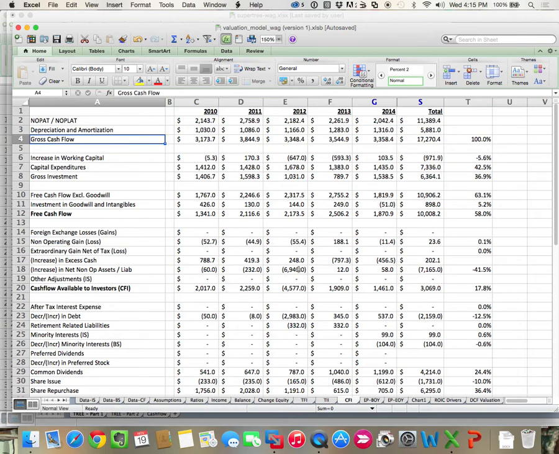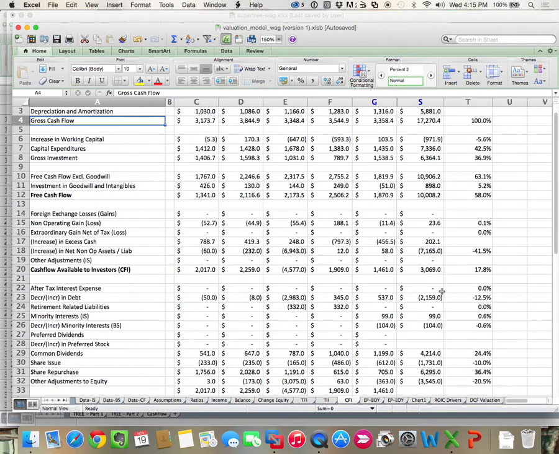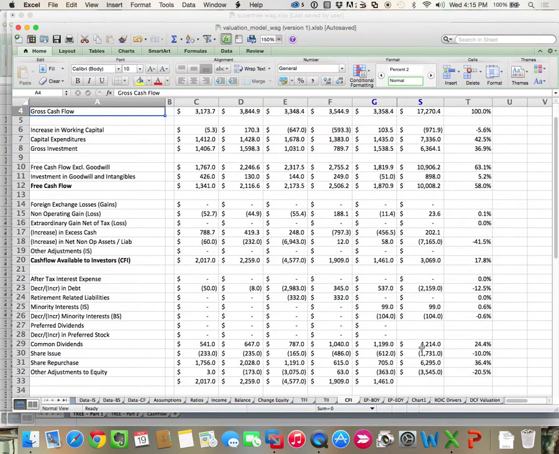Don't know why, should have an explanation for that, leaving them with $3 billion to pay out to investors. They borrowed $2 billion, they paid $4 billion of dividends, $6 billion of share repurchase. The $10 billion that went to the shareholders was approximately the $10 billion of free cash flow they generate. That's what you're going to have time for in the PowerPoint.